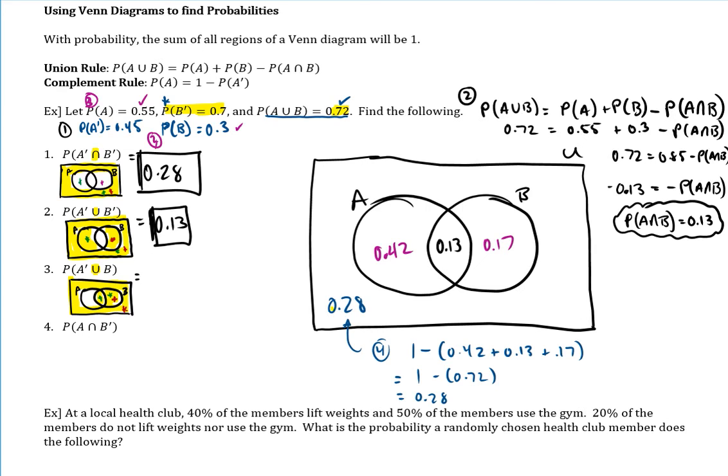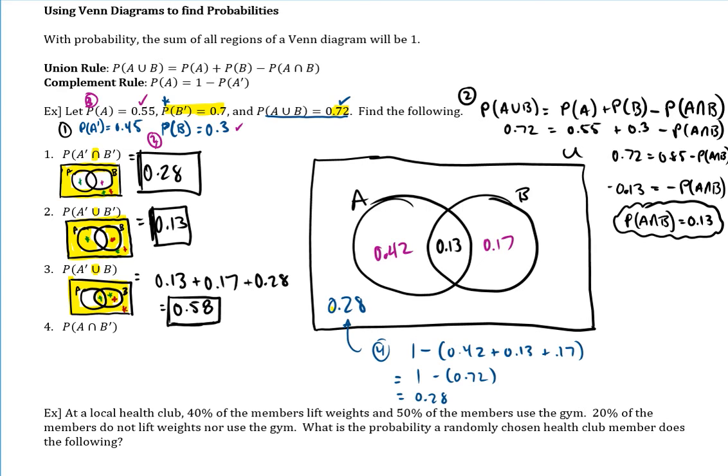I wrote the one that was not shaded. The ones that are shaded, all of them are included. So the 0.13 plus the 0.17 plus the complete outside, which is the 0.28. And then from there, we could add it up, and it would give us 0.58. Just like that.